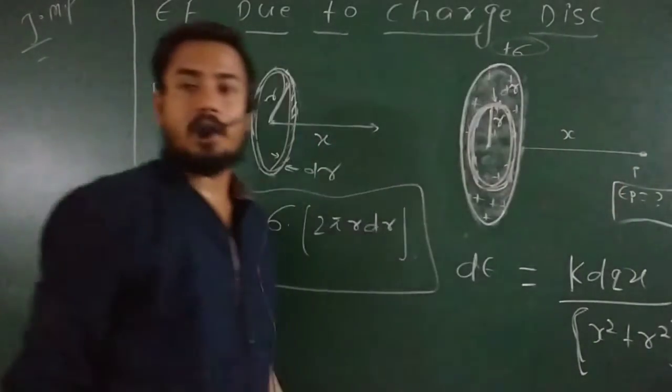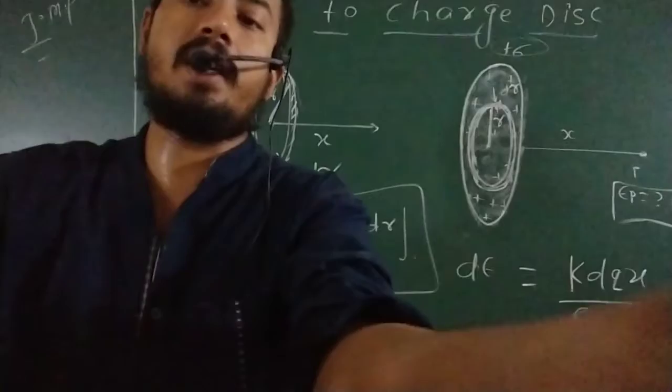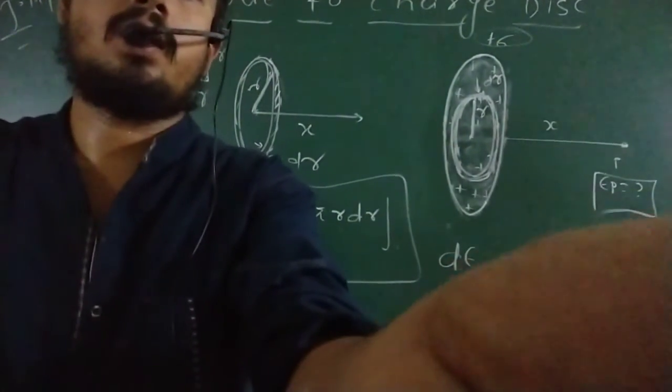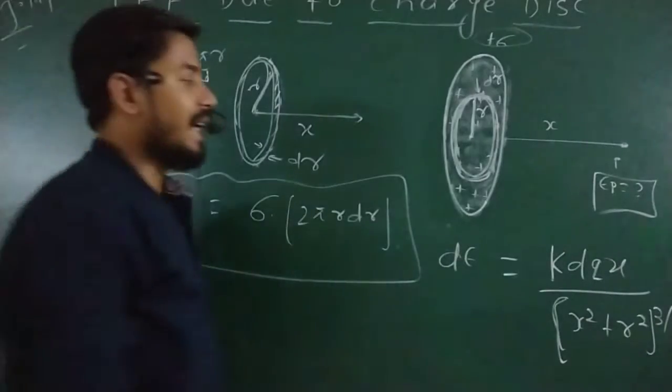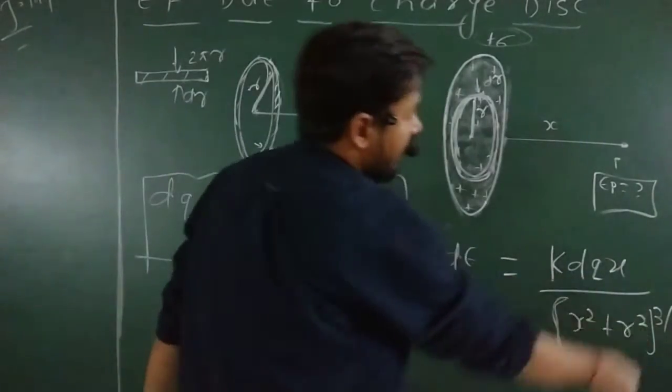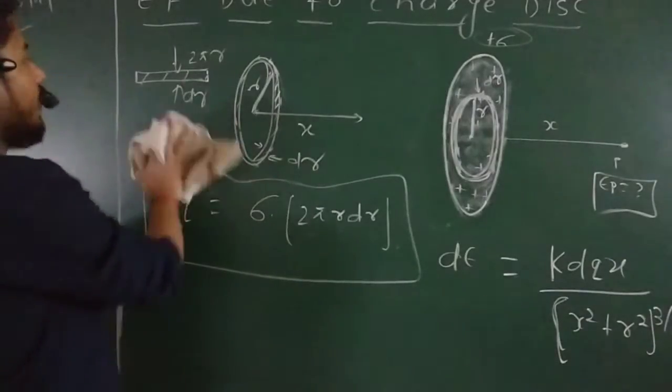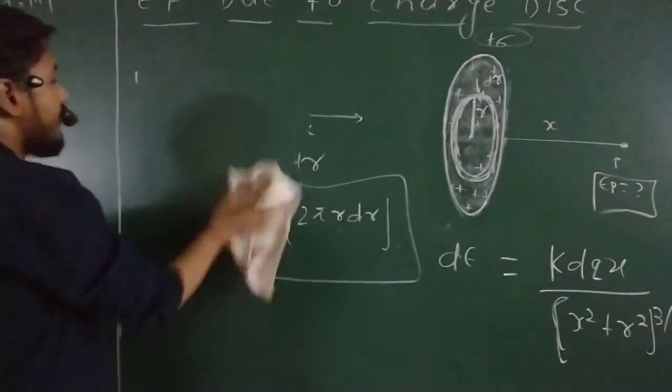Just hold it, it is not visible. Now you can see, k dq x by x square plus r square power 3 by 2. This is the electric field due to a small ring.